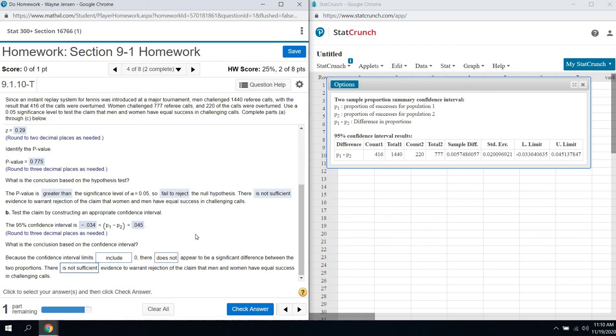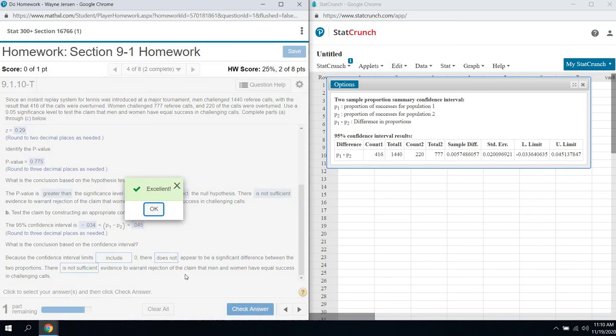So this is great that we happen to get one that was a fail to reject, because now you can see with 0 in that interval, P1 minus P2 could be 0. If it could be 0, P1 equals P2. And so we don't have anything to justify that there's a significant difference between the two. They could be the same. And so we'll just check that answer and be done with this problem.